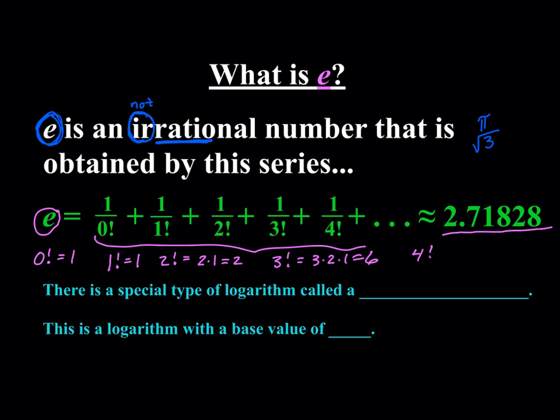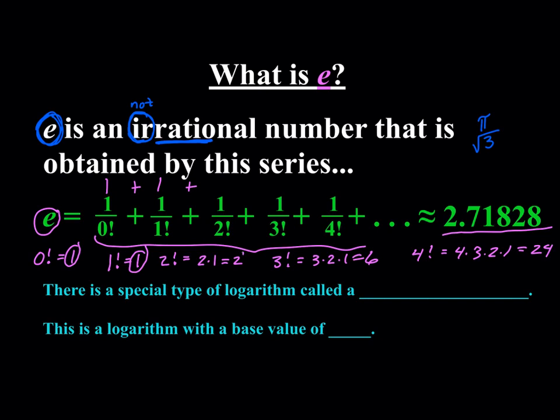And 4 factorial is equal to 4 times 3 times 2 times 1, which is 24, and it just progresses like that. So when you think of 1 over 0 factorial, that's the same thing as 1 over 1, which is 1. 1 over 1 factorial is 1 over 1, which is 1.